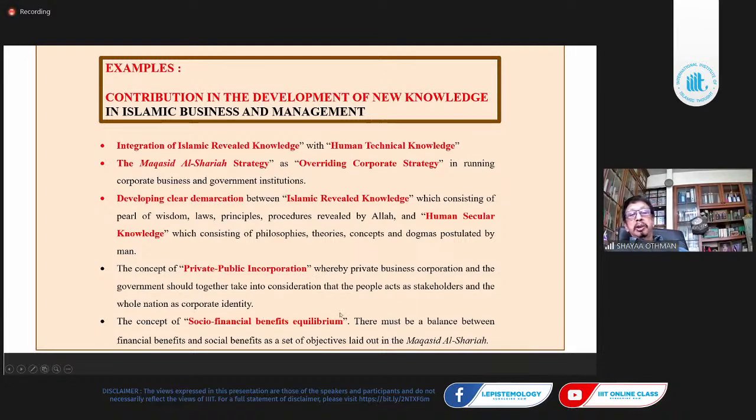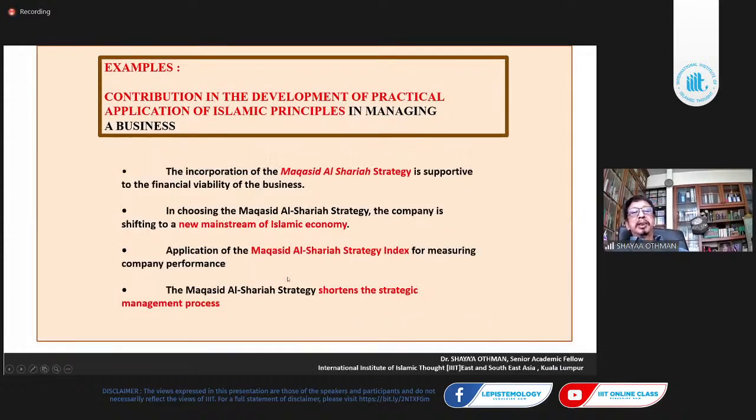You use these words that make everybody confused. Not everybody confused, your own words. These are all your own words that come up from your research. And then the contribution to business market strategy, mainstream of Islamic economy, and shortening the strategic management process.